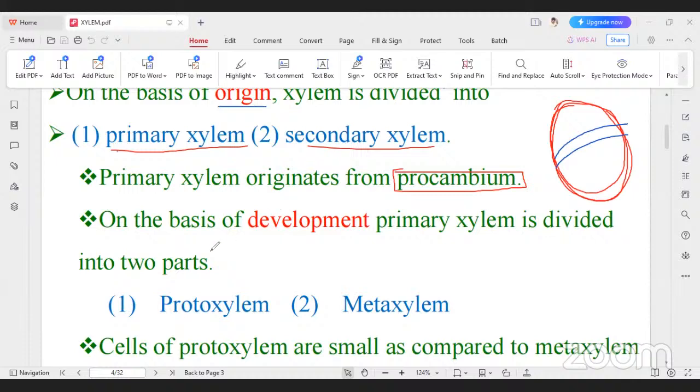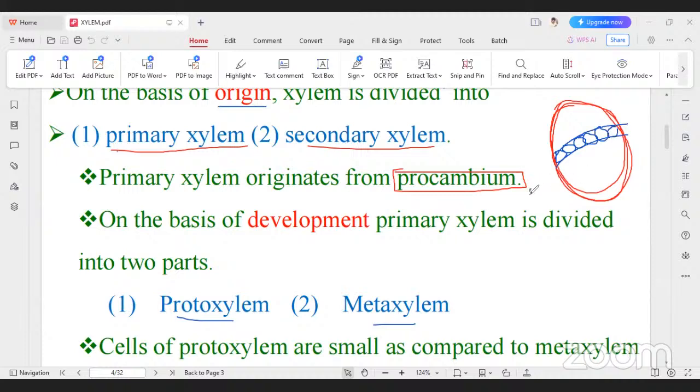In primary xylem there are also two parts, protoxylem and metaxylem. The cells of protoxylem are small compared to metaxylem. Consider one of the procambium cells. What happens in procambium cells?